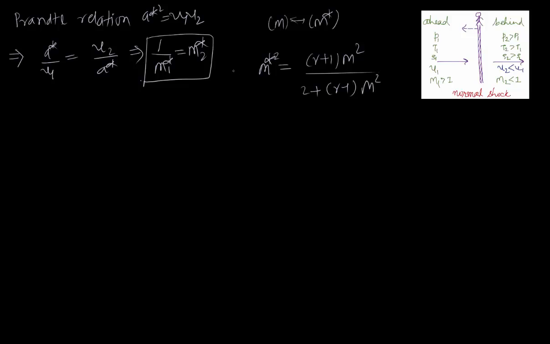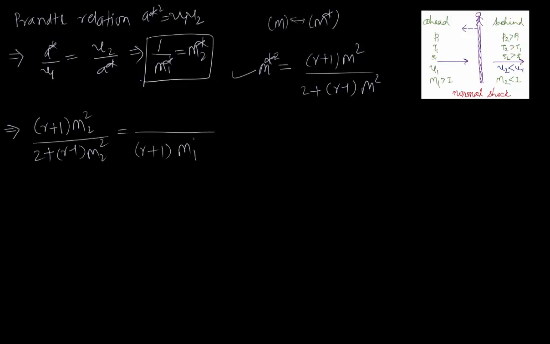And we will use this equation and put M1 star and M2 star. What is M2 star? M2 star will be gamma plus 1 M2 square divided by 2 plus gamma minus 1 M2 square equals 1 divided by M1 star. So what is M1 star? Gamma plus 1 M1 square divided by 2 plus gamma minus 1 M1 square.